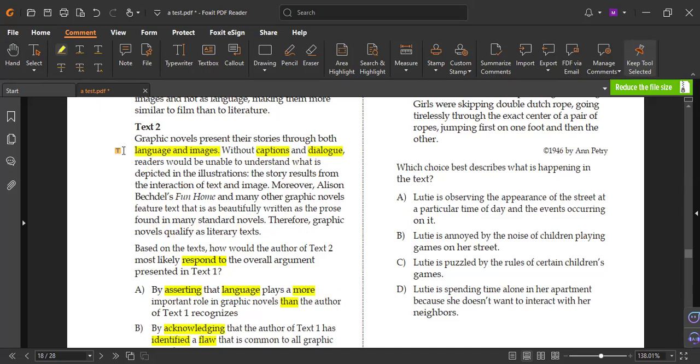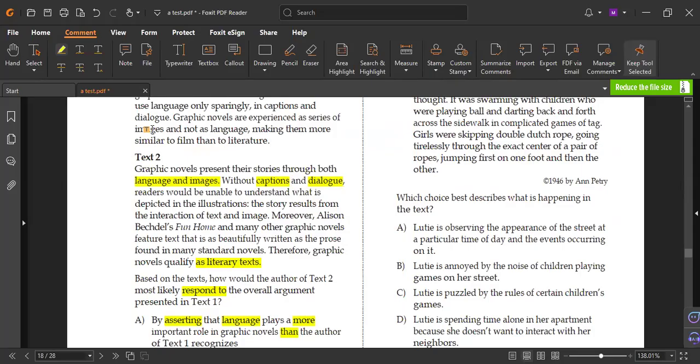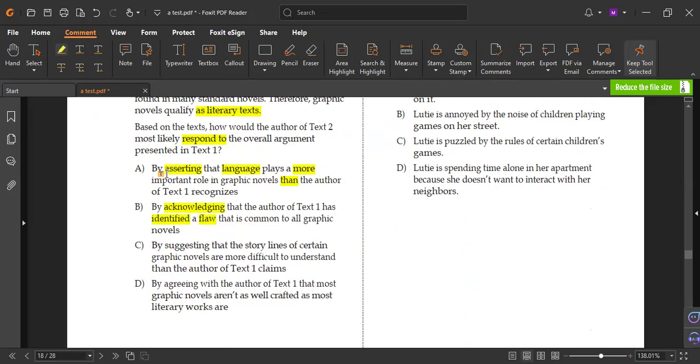So text number 2 proves that this kind of graphic novels already qualify as literary text, not images only. You found it? Of course, the main focus of the second one is not about the storylines of certain graphic novels being difficult to understand. He didn't mention that, so it's not mentioned in 2.